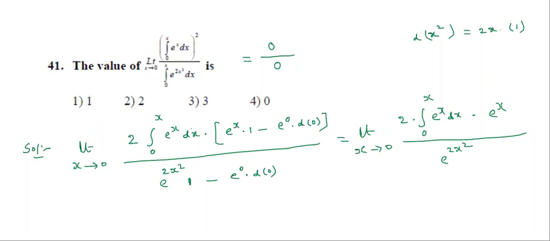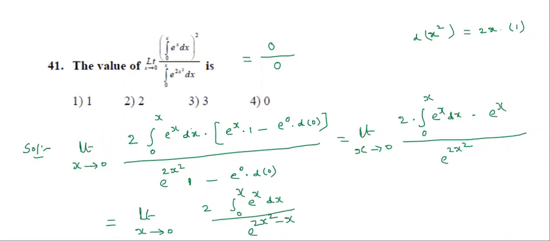Next, students, the numerator e power x goes to the denominator. Limit x tends to 0, 2 into integration 0 to x e power x dx, and in the denominator, e power x coming means you will get e power 2x square minus x.